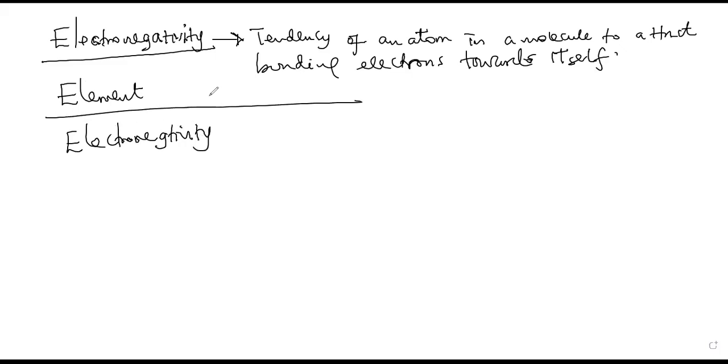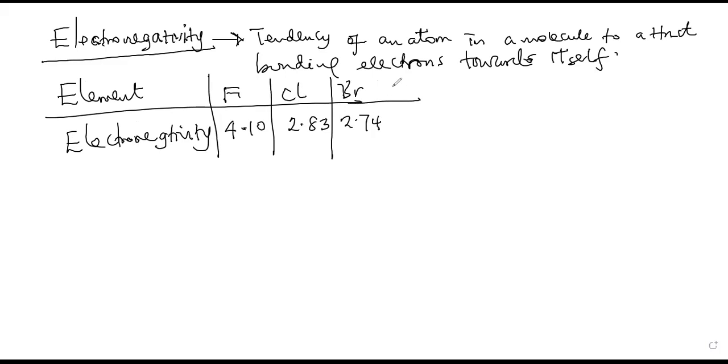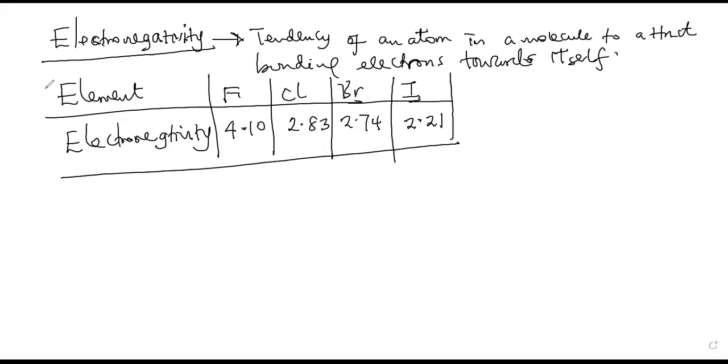The value of electronegativity for fluorine is 4.10, for chlorine 2.83, for bromine 2.74, and finally for iodine 2.21.